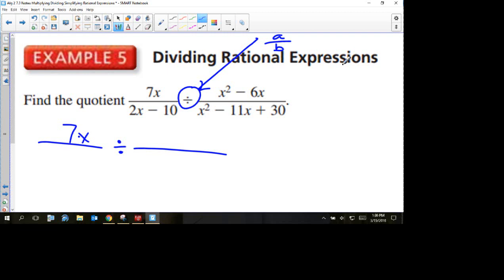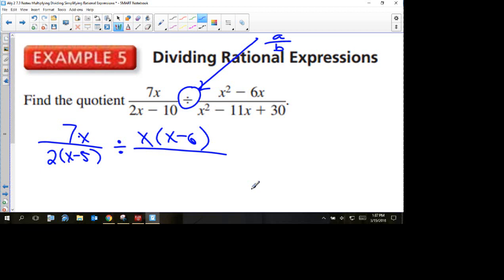Tim, you got 2x minus 10 factored. What'd you get? Perfect. Reed, you got x squared minus 6x, x parentheses x minus 6. Perfect. Aiden, you got x squared minus 11x plus 30.